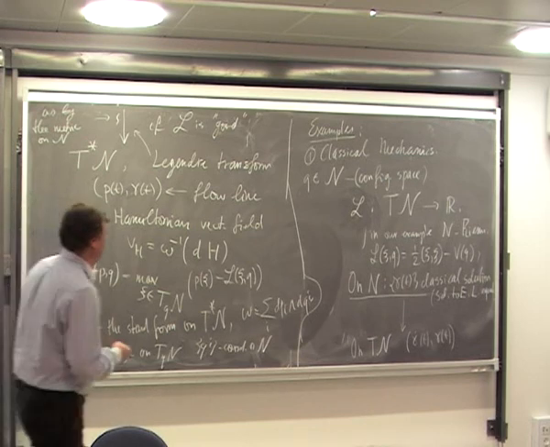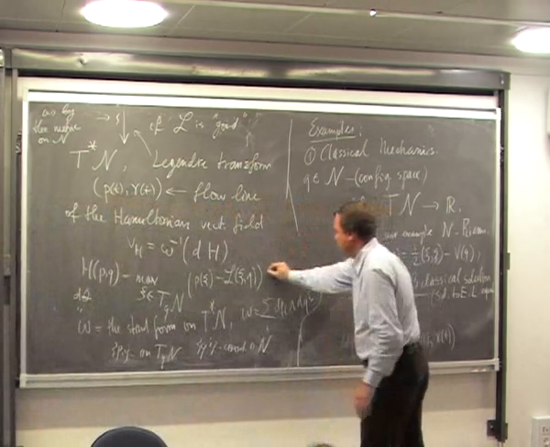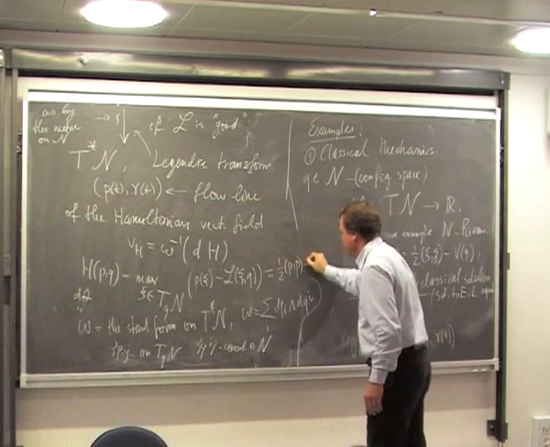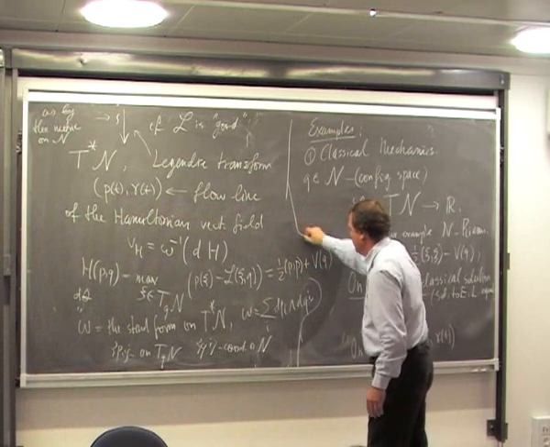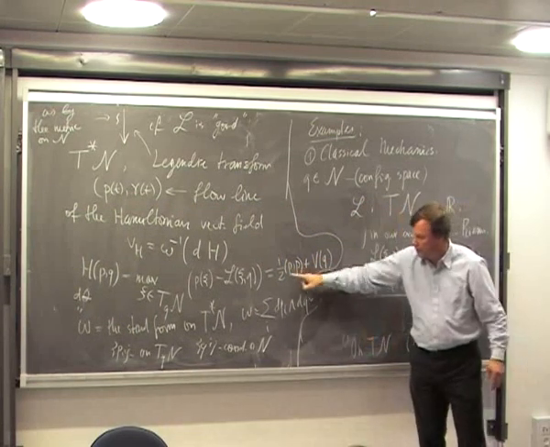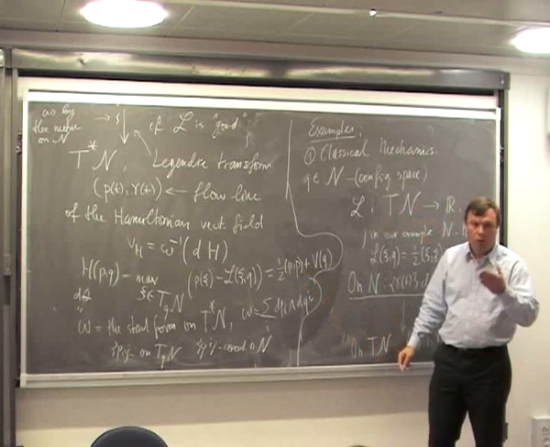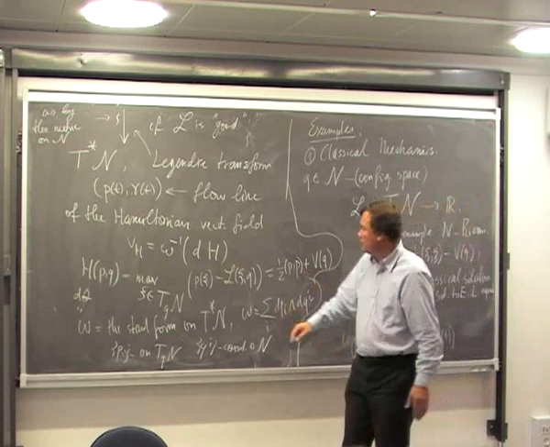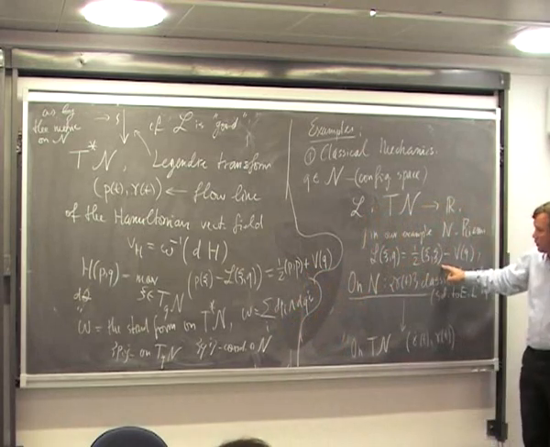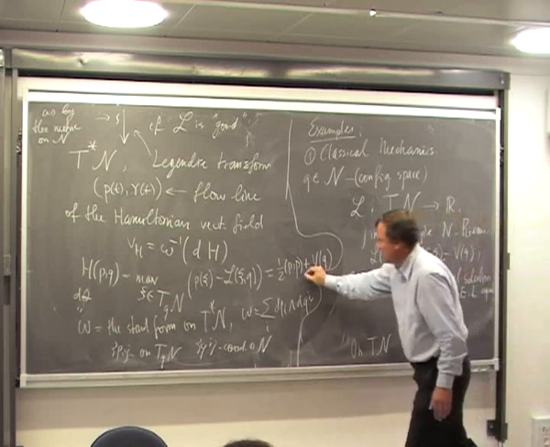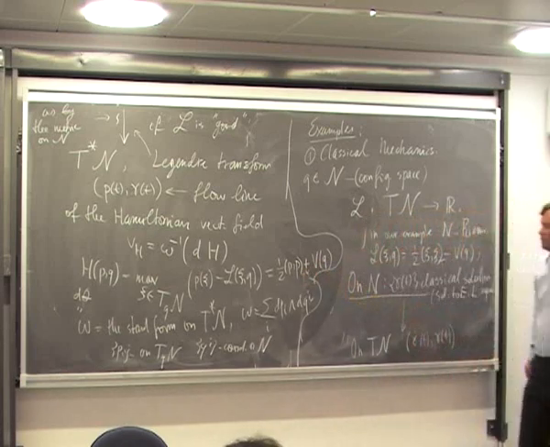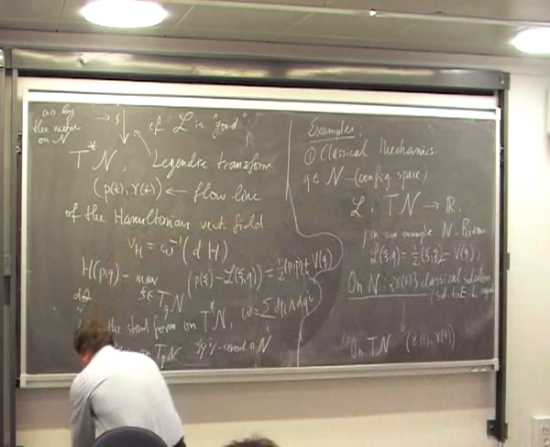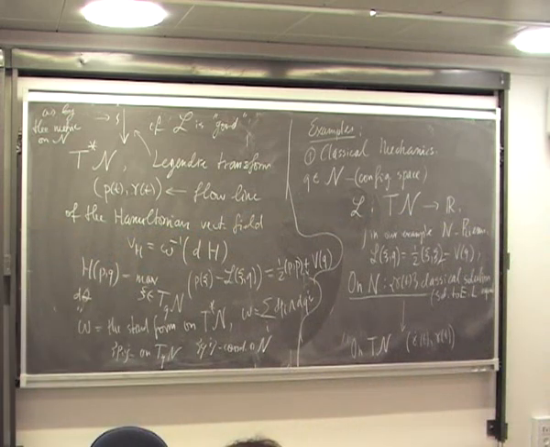Again, fortunately in our case, the Legendre transform is very simple to find. It's equal to the kinetic term plus V of q, where this is the scalar product on the cotangent spaces induced by the metric on N. So this scalar product is on tangent spaces, and this is on the cotangent spaces.